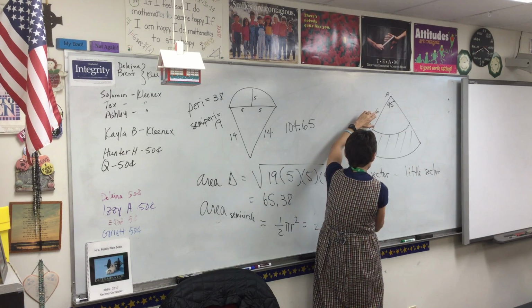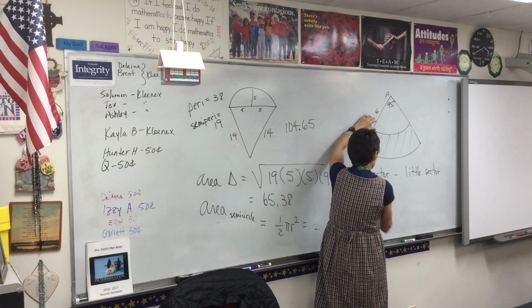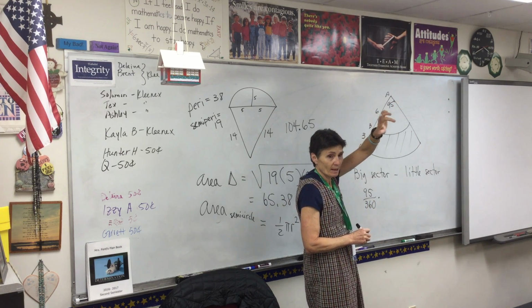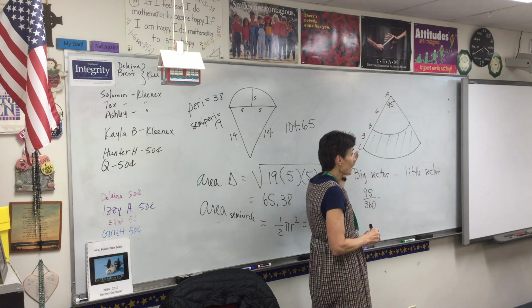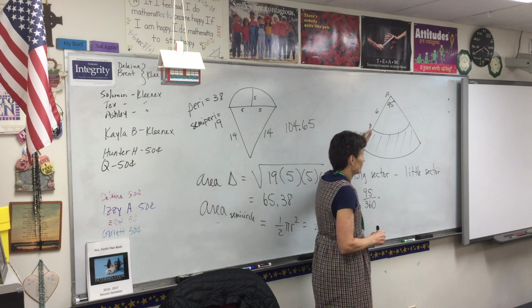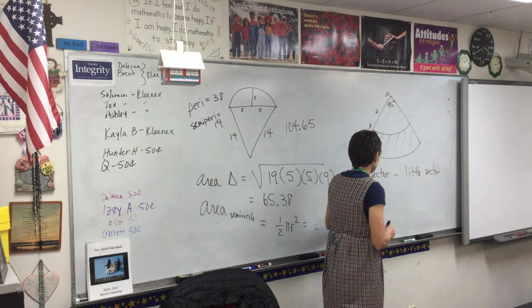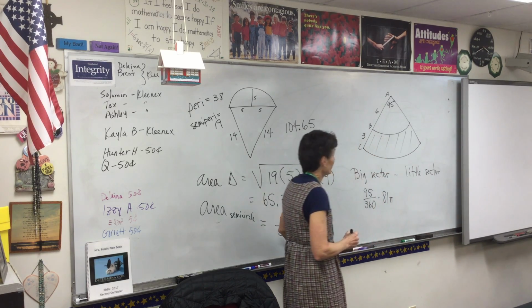The angle is 95, so we put 95 over 360. And then what do we multiply that by, Alana? Pi r squared. Now, for the big sector, that is the whole picture, what is r? 9. So we're going to multiply that by 81 pi, 9 squared.